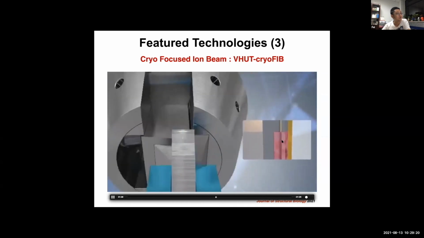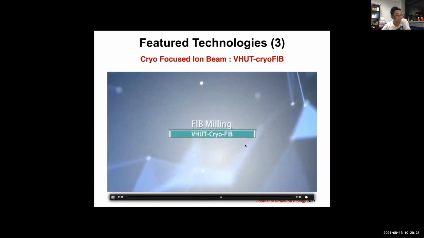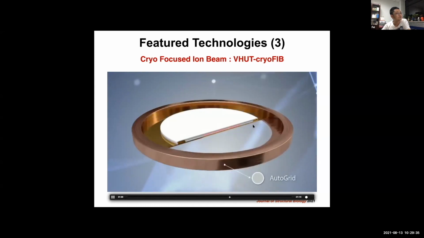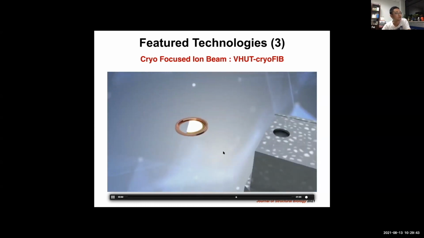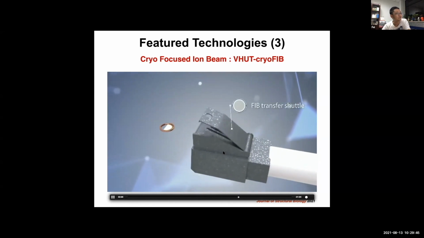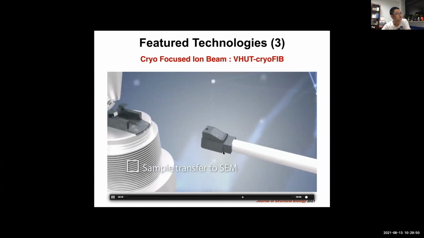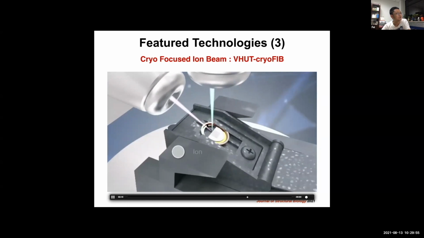And we make a thinner exposed tissue with a thickness of about 20 micrometers. Then we transfer this pre-trimmed carrier into the autogrid. This autogrid is used for high resolution cryo-electron tomography data collection in the Thermo Fisher Titan Krios. And then we put this autogrid into the shuttle and transfer it to the cryo-focused ion beam machine.